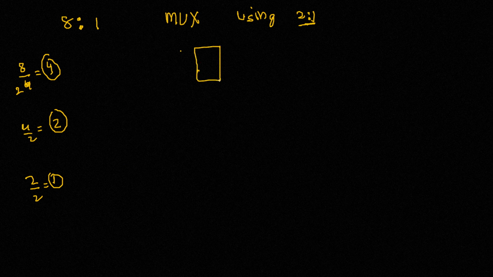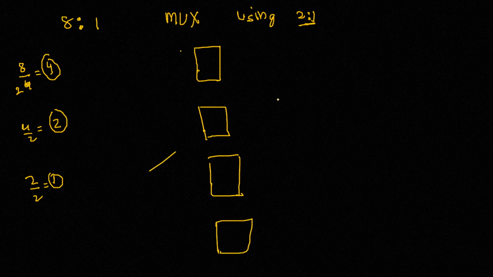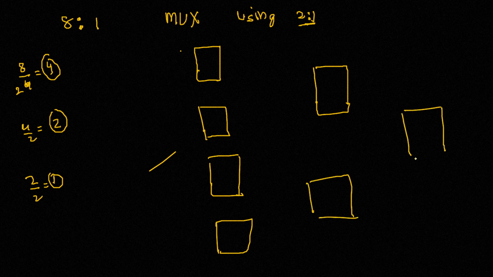So basically we have 4 in the first level, 2 in the second level, and then 1 here, and the output comes out from here.